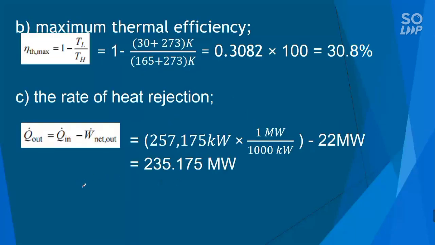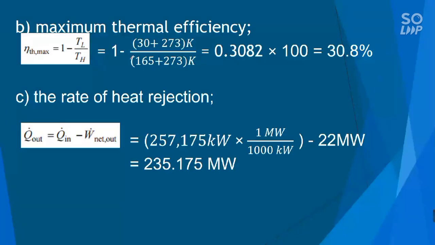Now, since we have the thermal efficiency, we can solve for the maximum thermal efficiency. The maximum thermal efficiency is the thermal efficiency of a reversible heat engine operating between the source and sink temperatures. So we have this equation: the maximum thermal efficiency is equal to 1 minus TL over TH.